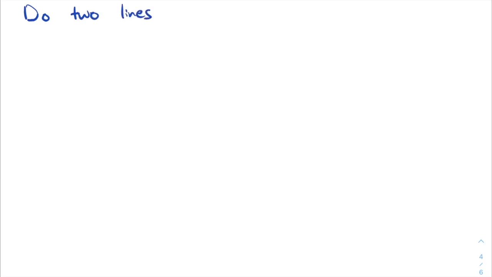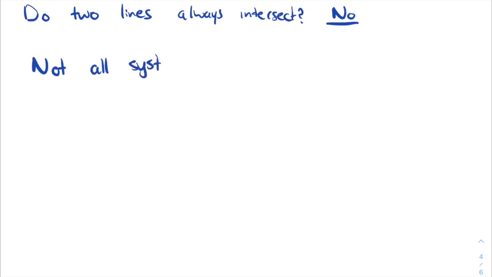When thinking about the solution set of two equations, let's ask another question. Do two lines always intersect? The answer, of course, is no. And because the solution set of a linear equation can be thought of the same as the graph of the function, and because the graphs of these linear equations are lines that might not always intersect, not all systems have a solution.